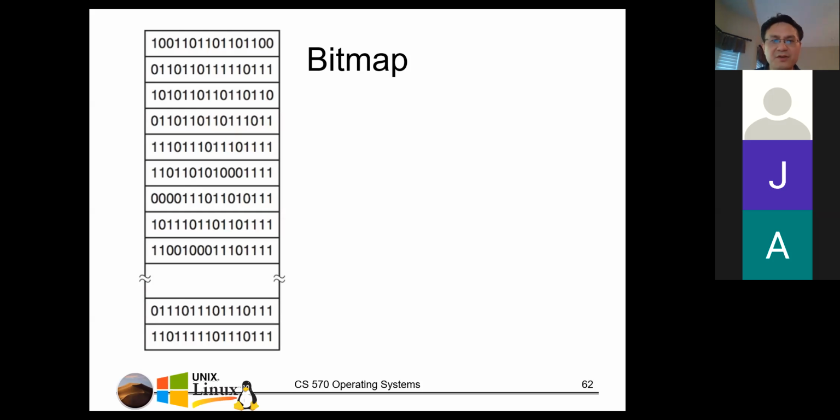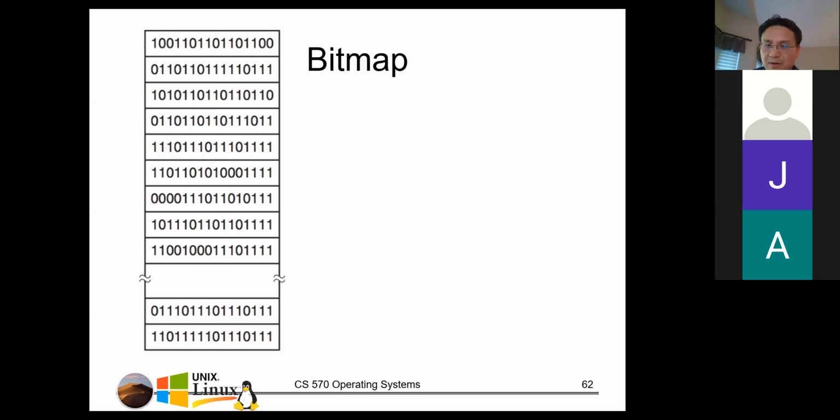The scheme here is that you use 1 bit to track each individual block on the disk. So at first look, the bitmap may require less space as compared to what a linked list needs, since it uses only 1 bit per block, right?